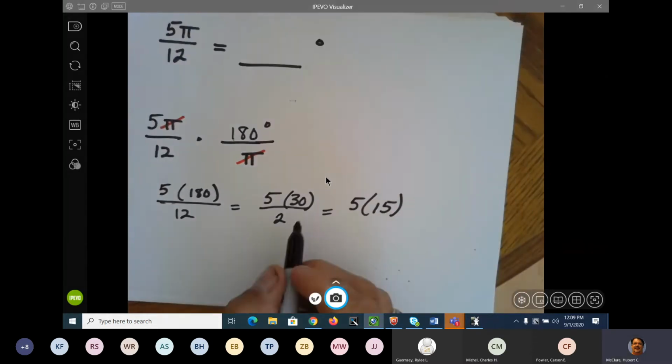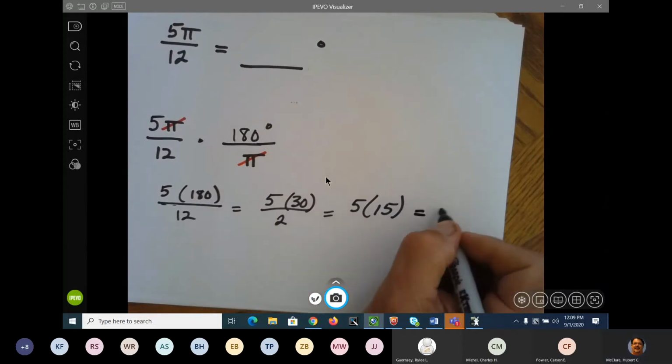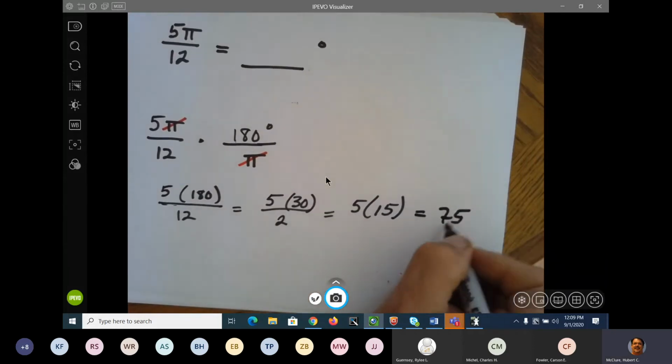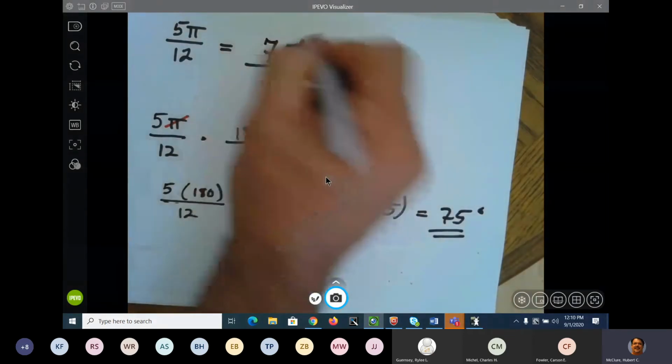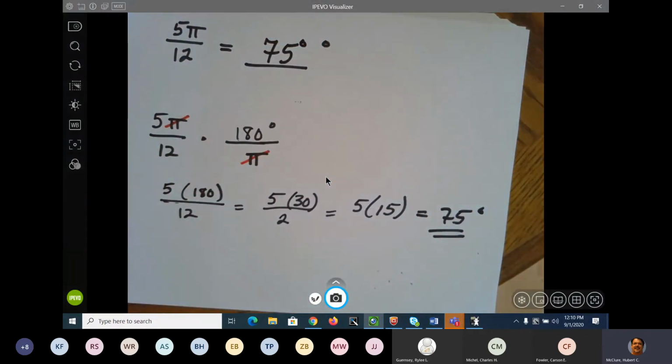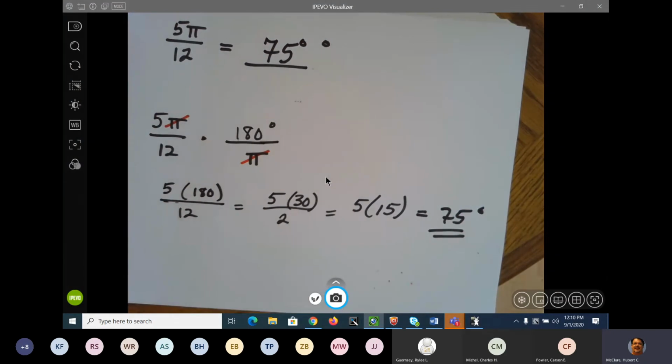I don't know if this is right or not, but 5 times 15 is what, 75? If I've done my math right, should be 75 degrees. Somebody check my math down here, make sure I didn't make a mistake. Let's see, 6 will go into 12 twice. 30, I think that's right.